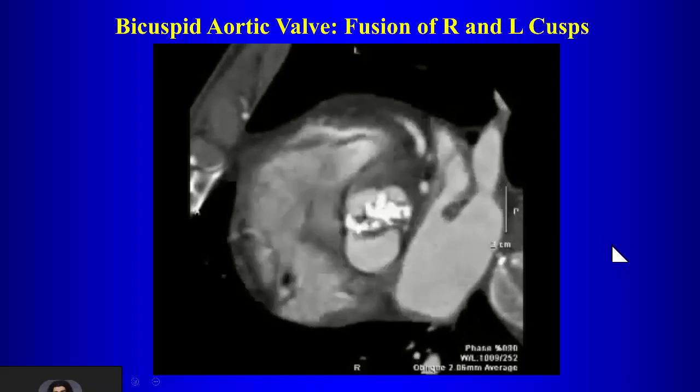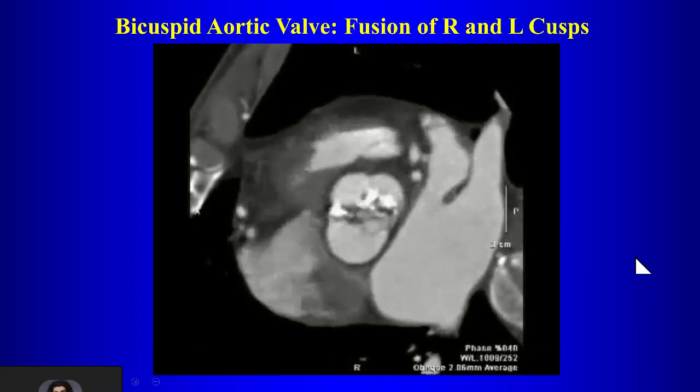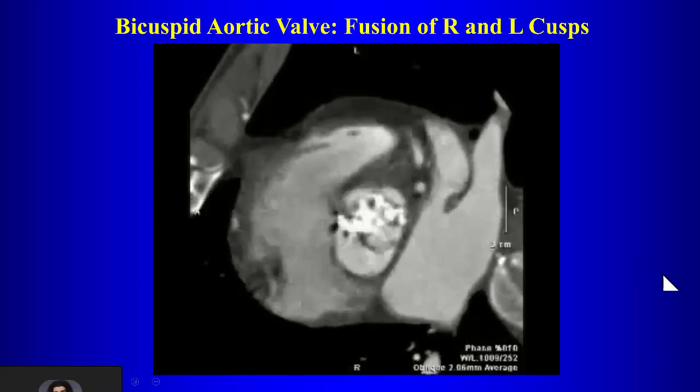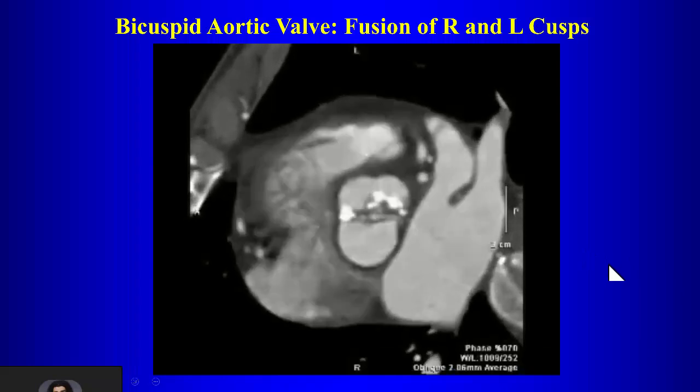And it might have started out as a morphologically tricuspid valve and then becomes functionally bicuspid. So there are going to be cases in older individuals where you're not going to be able to tell, was that a congenital bicuspid valve or has it just become functionally bicuspid because of adhesions that formed along the raphe? And those usually have extensive calcification. Okay.